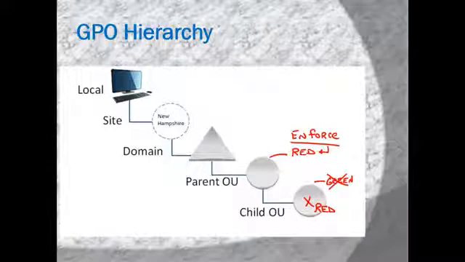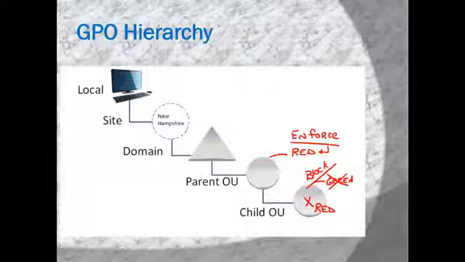Even if the child uses a thing you can do called block parent inheritance, even if I block the parent inheritance, it does not matter. The enforce overrides the block. Once I actually set enforce on a GPO, any GPOs under that GPO, any children under that GPO, are automatically going to be overridden. So the enforce will always win.